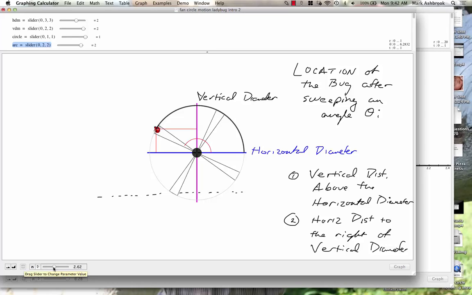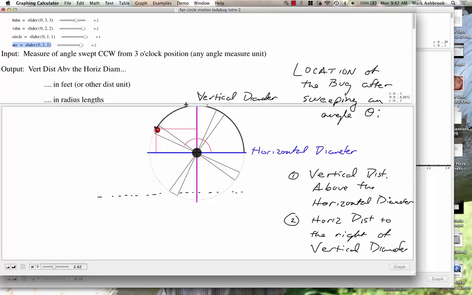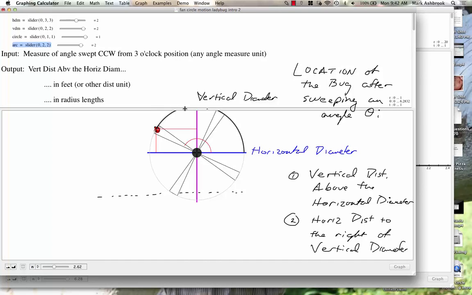That's two functions that have an input of either arc length or angle. So the input is the measure of the angle swept counterclockwise from 3 o'clock. And then here's one function: the output could be the vertical distance above the horizontal diameter. We could measure that in feet, say if it's the fan, or in radius lengths like we talked about before.